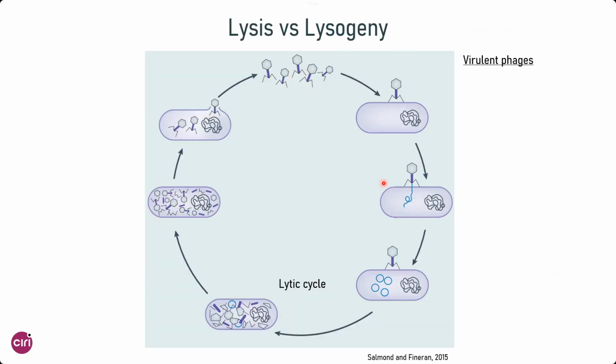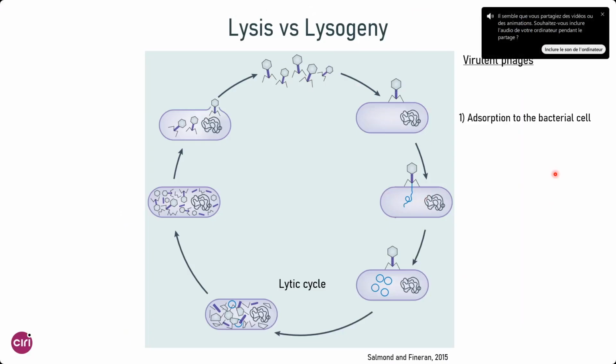Typically, the most studied phages, which make up most of the model phages studied for decades, are virulent phages. When these virulent phages encounter the host, they first adsorb to the bacterial cell, then inject their DNA content into it.